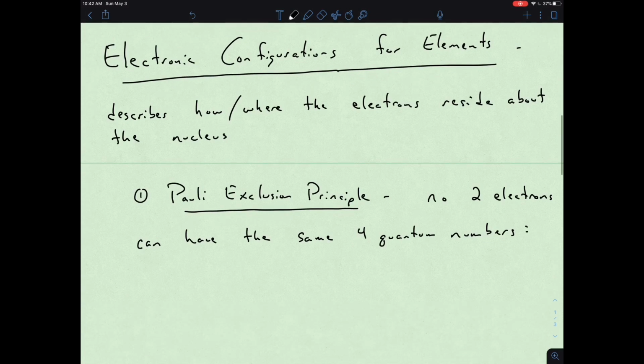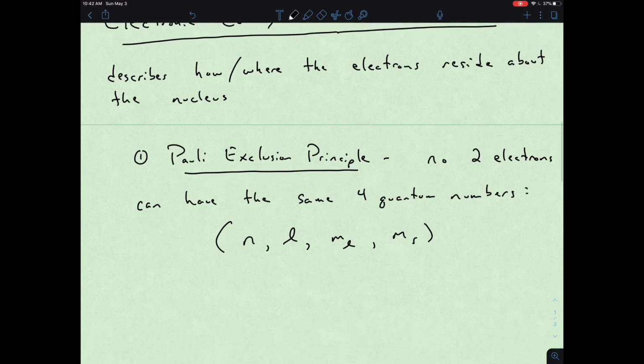We talked about that in terms of n, l, m sub l, and m sub s, where we have our principal, our angular, our magnetic, and our spin.